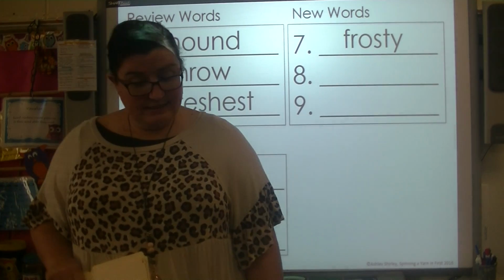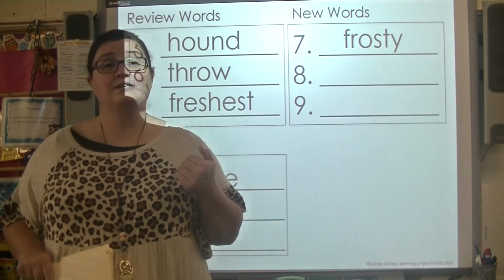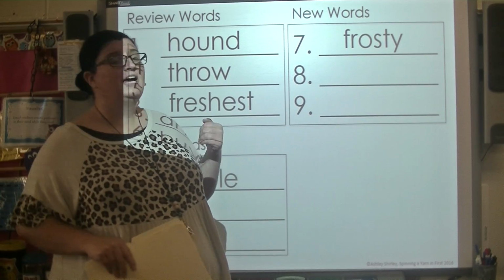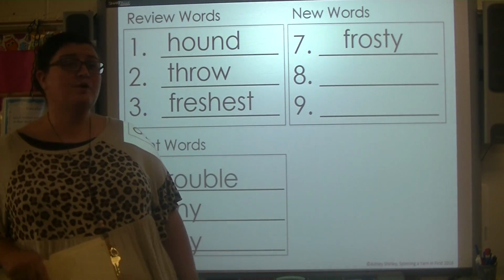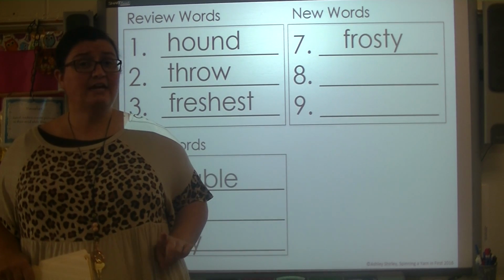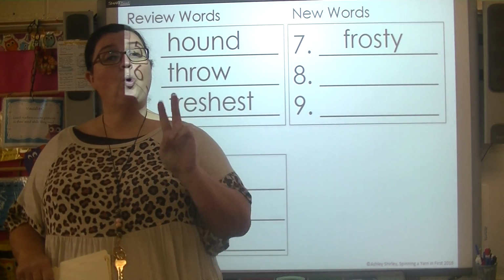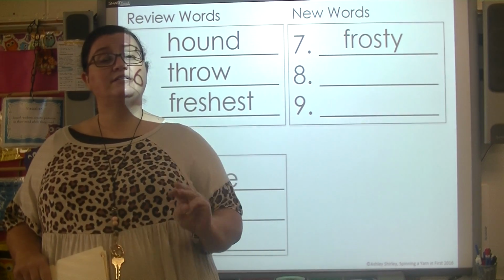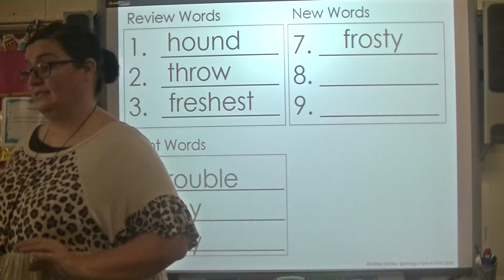Number 8. Shortest. I will take the shortest path to the park. Shortest. Tell me the sounds you hear. Get ready. Sh, or, t, est. Shortest.